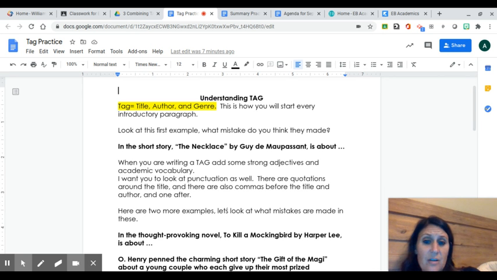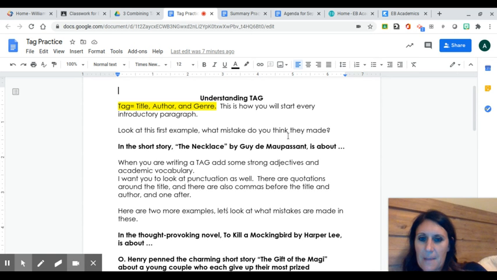One of the things I noticed they did really well is they put quotation marks around the title. That shows that this is the title of a book. I noticed they also put commas around the author and title before and after. So that is good. Let me read this again and let's see if you can find the mistake.